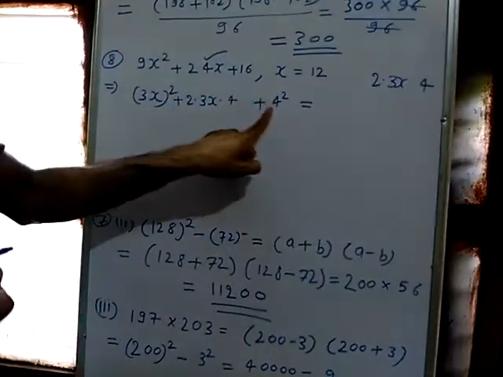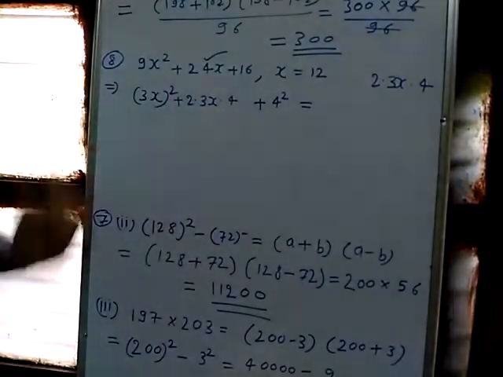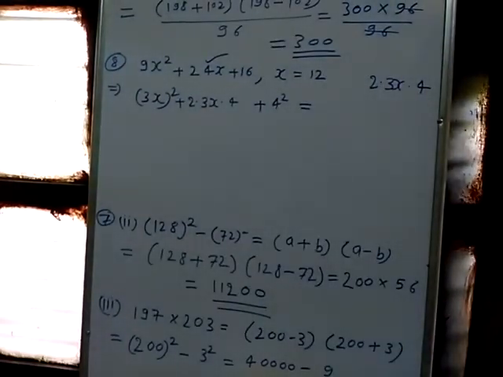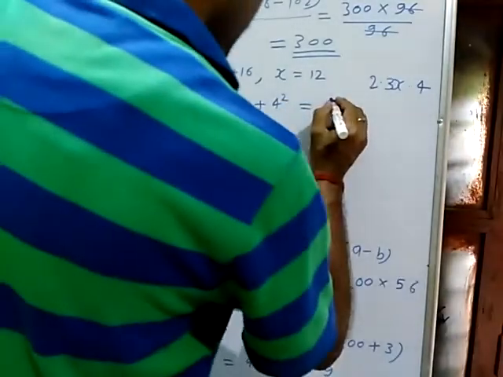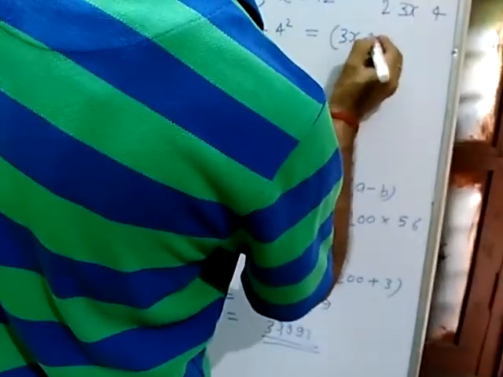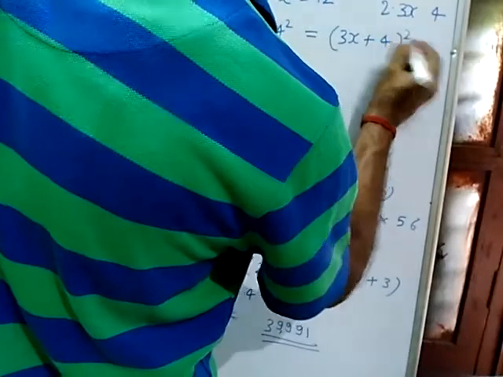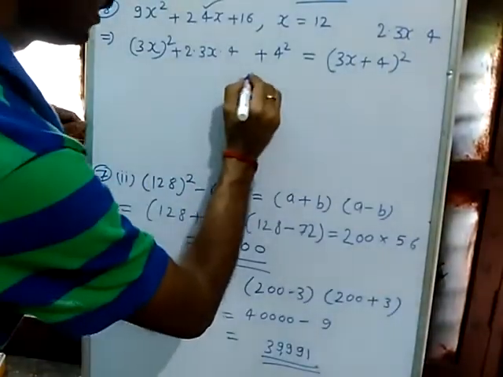a square plus b square plus 2ab. So it is the identity of (3x plus 4) whole square. Now look, so simple.